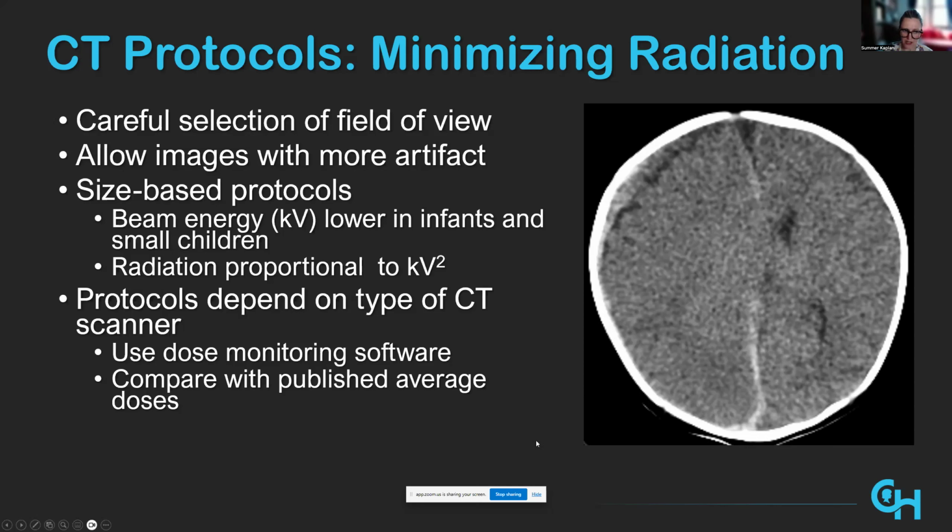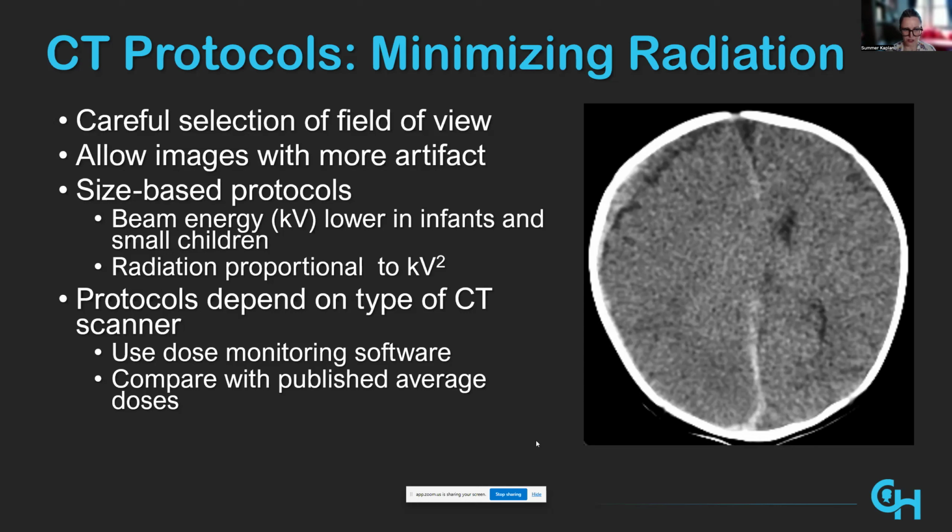The protocols that you would use, I wish we could just give step-by-step instructions on which protocols to use, but it really does depend on the type of scanner. CT scanners have a lot of dose modulation built into them, and different manufacturers have different types of dose modulation. Depending on how old the scanner is, it may have more or less of that modulation.